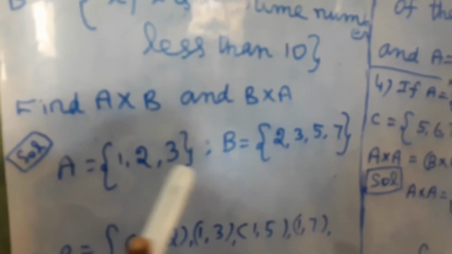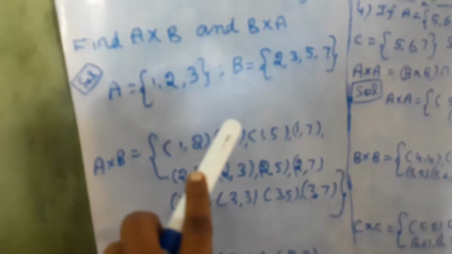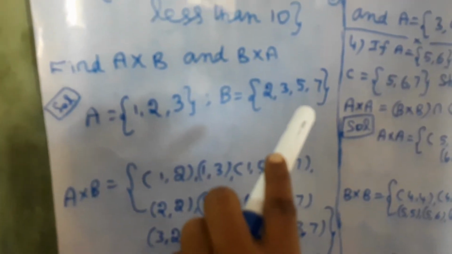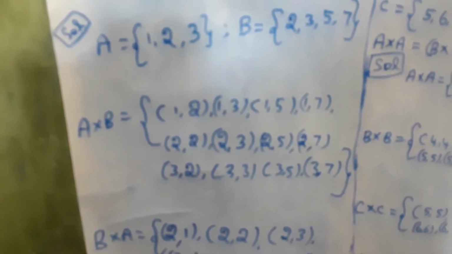Then (3, 1), (3, 2), (3, 3). Then (5, 1), (5, 2), (5, 3). Then (7, 1), (7, 2), (7, 3). This is B cross A, the set of all these elements.